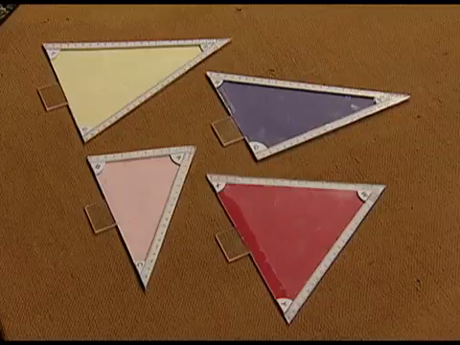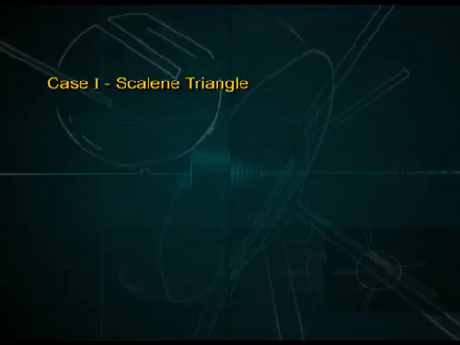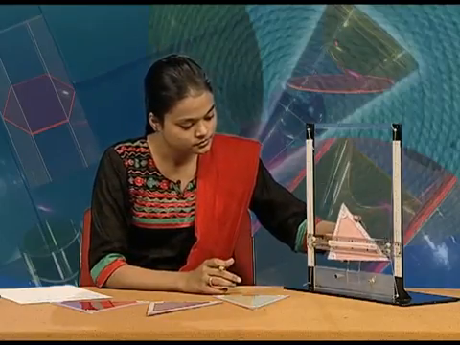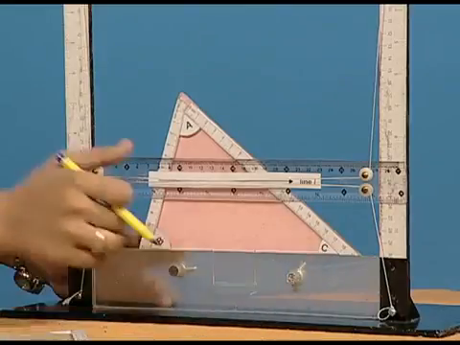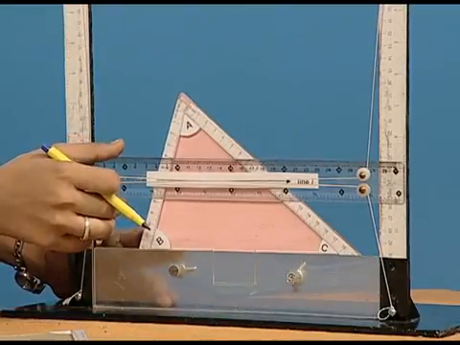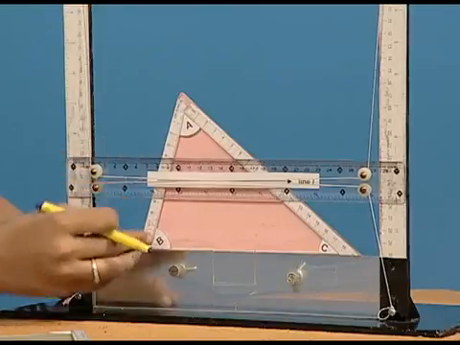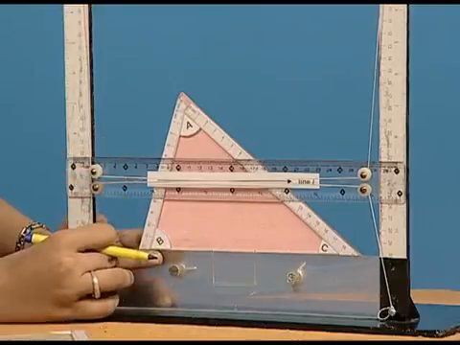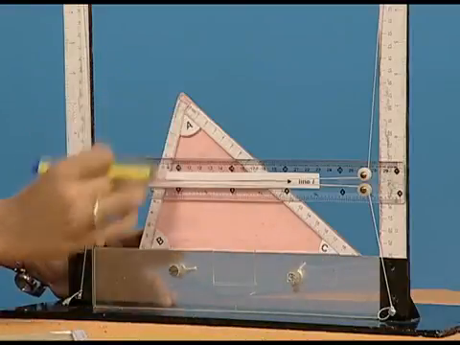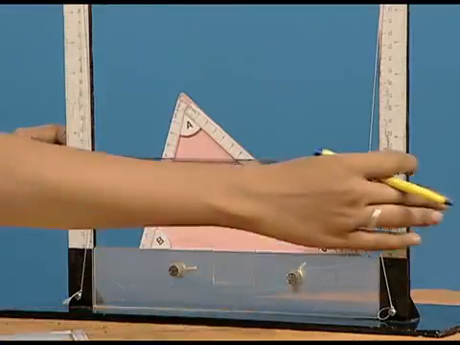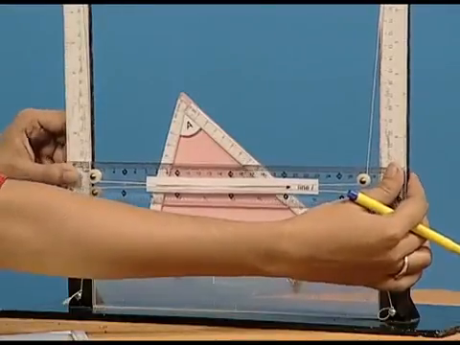So let us take case 1, when we have a scalene triangle. Now you can see that this is a scalene triangle ABC, and this scale, which is representing the line L, is parallel to the side BC of this triangle ABC. Let us adjust the scale at some position.